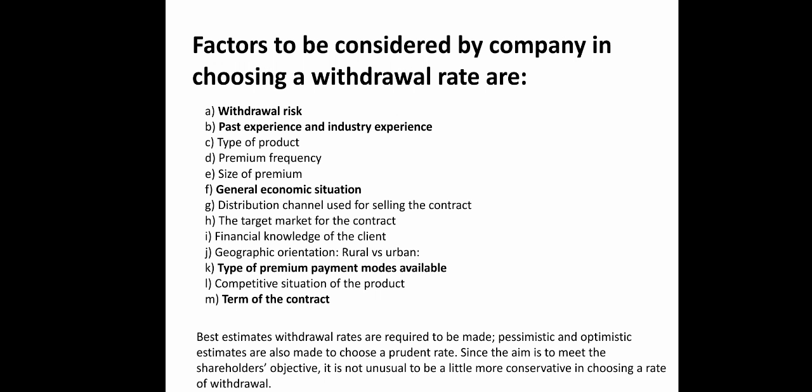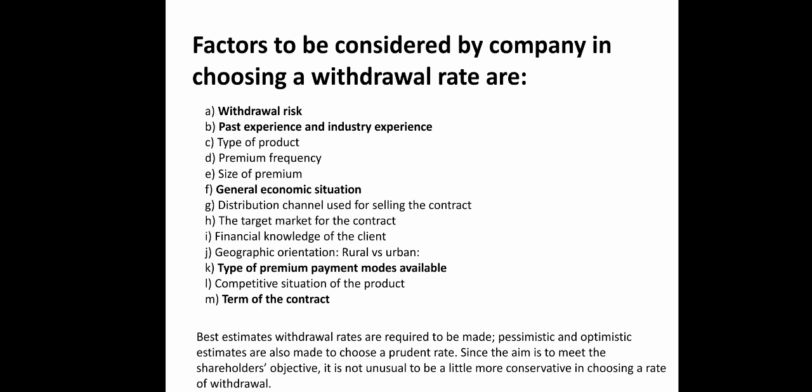The distribution channel used for selling products also plays a key role, followed by target market, financial awareness and knowledge level of the client. Also the various geographical factors like rural and urban population covered, what type of premium payment modes are available to customers, the competitive situation for this product, and the various terms and conditions of the contract.